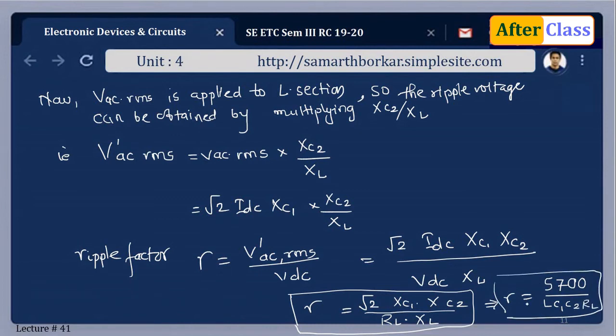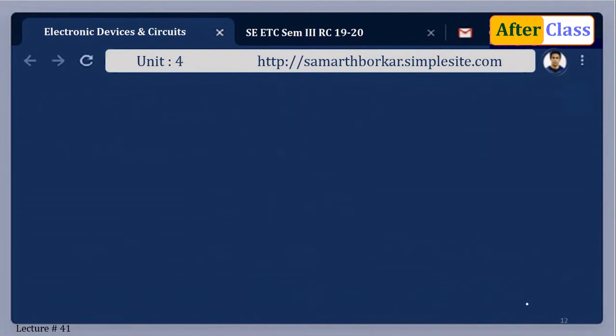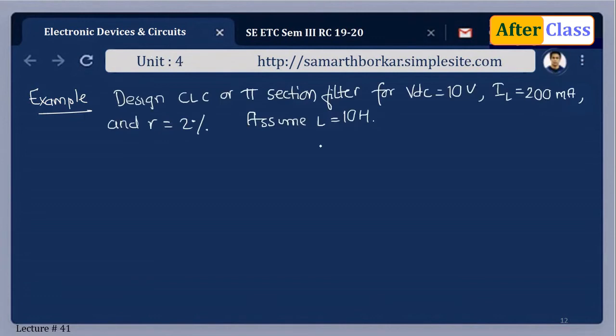Now let us try to understand this concept by solving an example. So example, let me write the statement first. Design a CLC or pi section filter for VDC equals 10 volts.